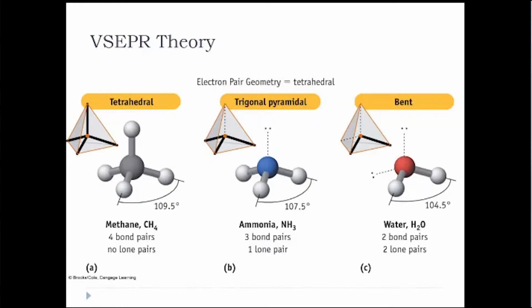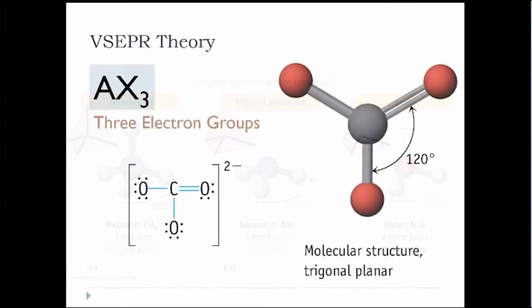If three of those groups are bonding, but one is a non-bonding pair, we have an AX3E VSEPR designation and a trigonal pyramidal shape. When we have two bonding atoms and two lone pairs, we have a VSEPR designation of AX2E2 and the molecule is bent.